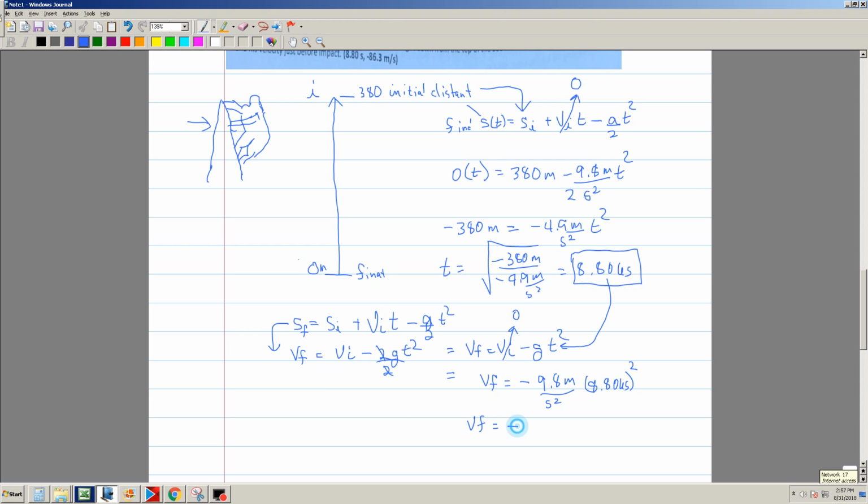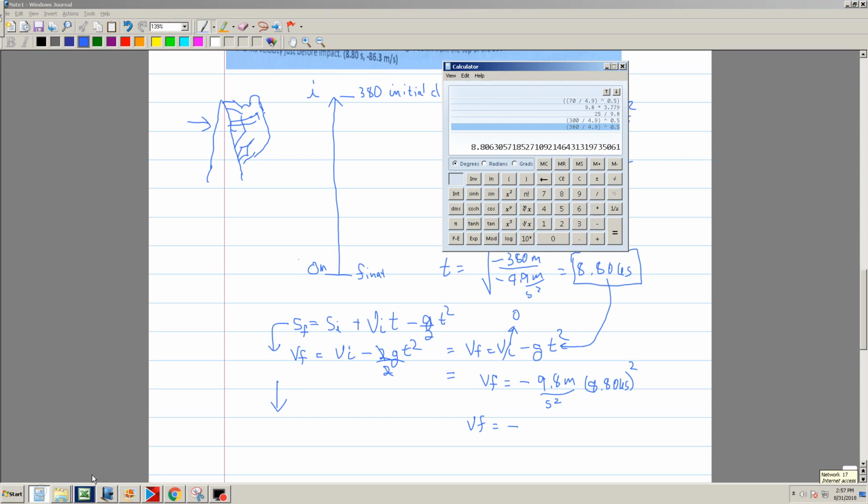And mind you that you're going to end up with a negative velocity. Negative velocity means that it's going in a downward direction. Okay, so 9.8 times 8.806 squared.